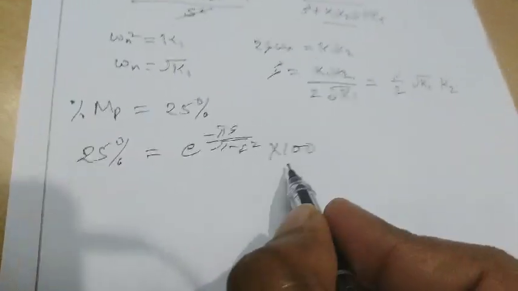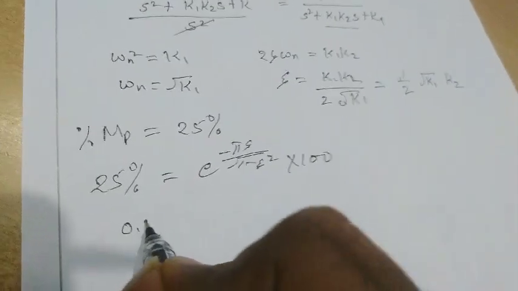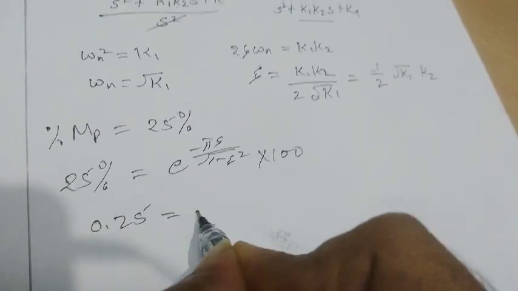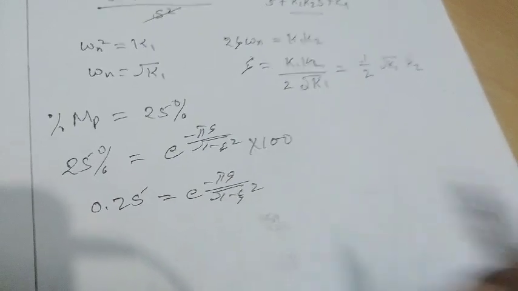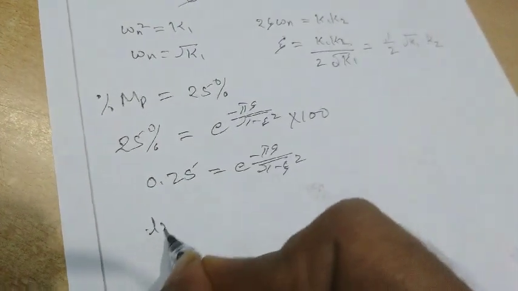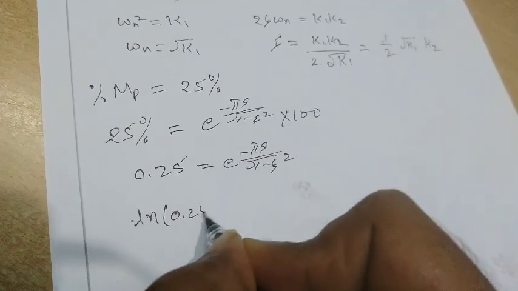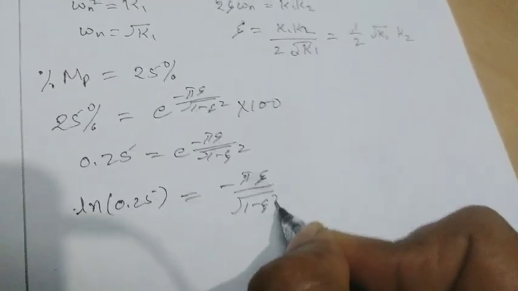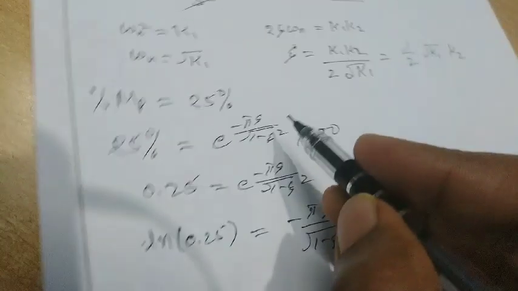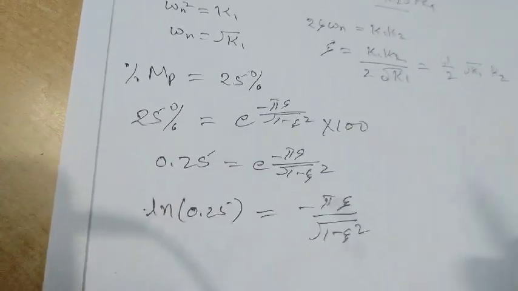So this 100, I will remove, I'll get 0.25 is equal to e power minus pi zeta under root 1 minus zeta square. So applying natural logarithms, ln of 0.25 is equal to minus pi zeta divided by under root 1 minus zeta square. By applying natural logarithms, this e power e is removed.